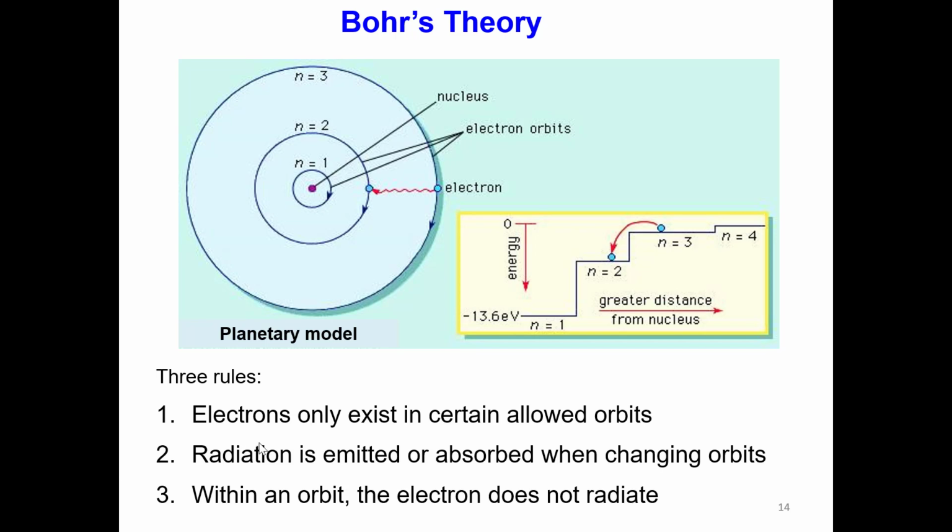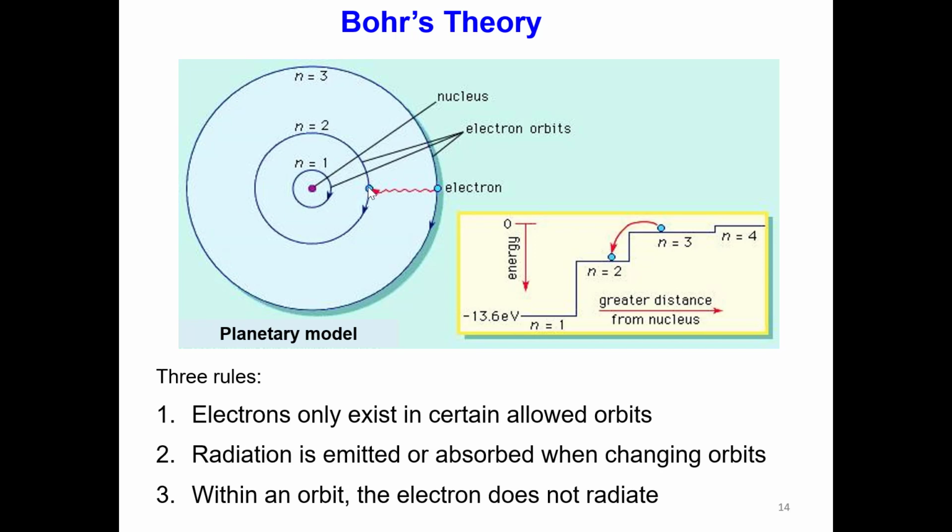This was the first conclusion when he combined all these experimental results: the electron only exists in certain allowed orbits, like this orbit and this orbit. And again, when we say orbit, it's related to some energy. Then radiation is emitted or absorbed when changing orbits. The atom or the element can emit or absorb radiation when the electron changes orbit.